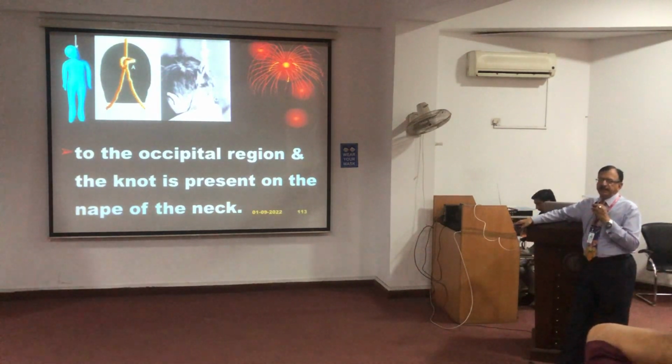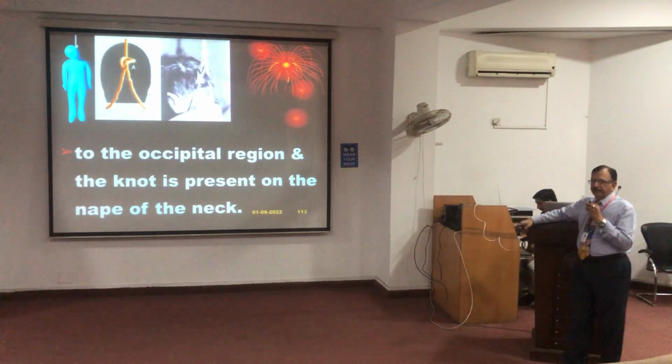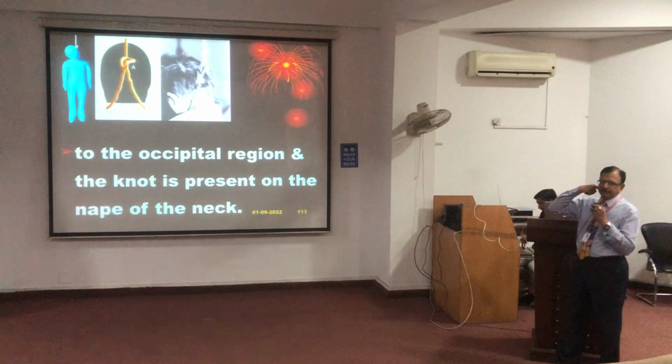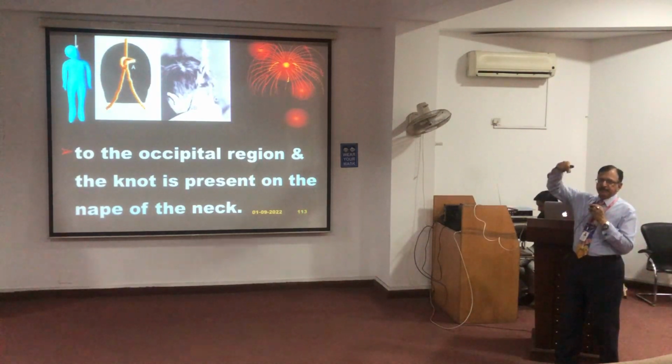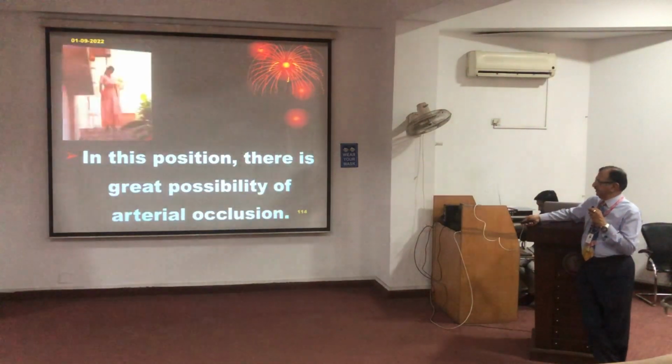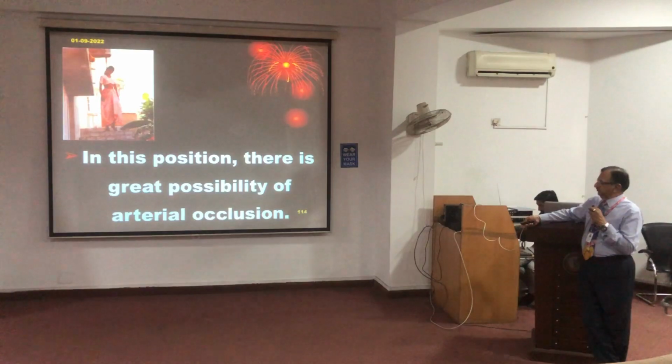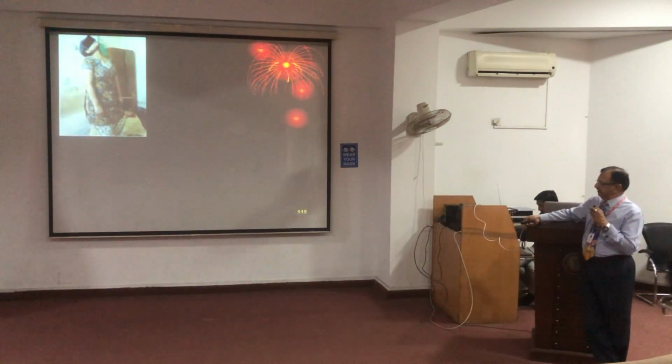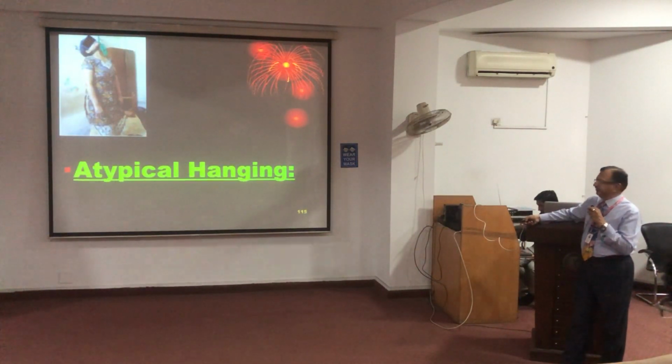This is typical hanging. Midline going up, oblique, backward, and the knot is at the occiput, and there is a lift up because of the weight. That is typical hanging. And in this position, there is maximum possibility of compression.